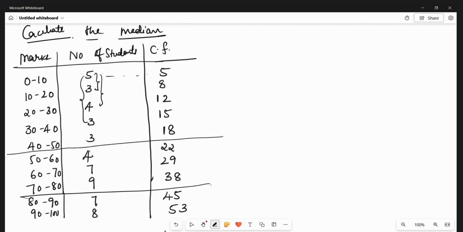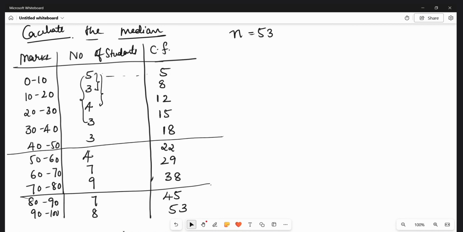The last number indicates the sum of all the frequencies, that is the n value, 53.